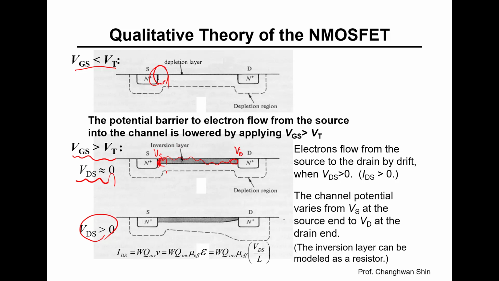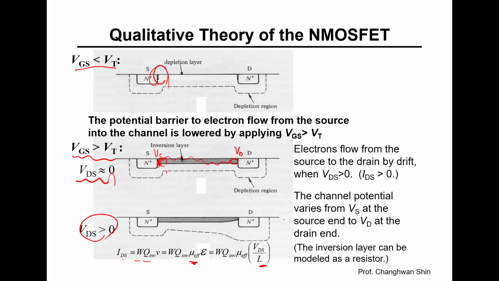So this inversion layer can be modeled as a resistor where the current is directly proportional to the inversion charge density, Q inversion, and channel width, and the effective mobility of carriers, mu effective, and inversely proportional to the channel length L. Okay.